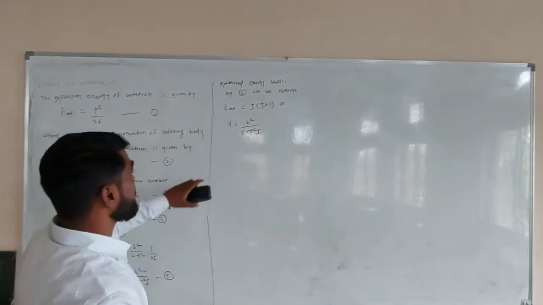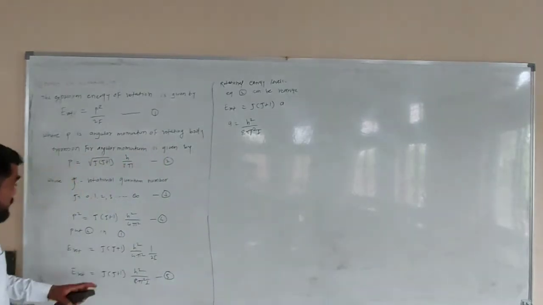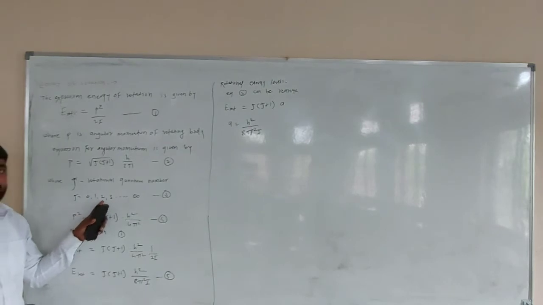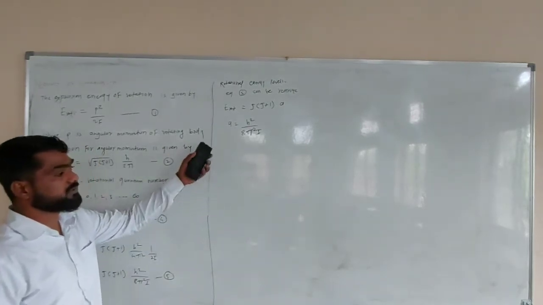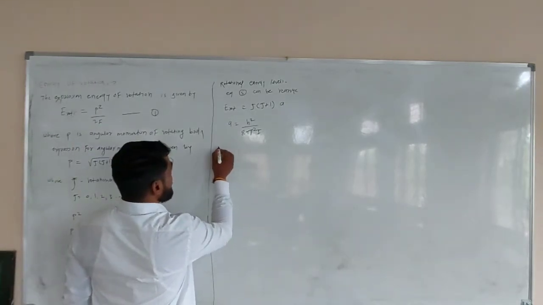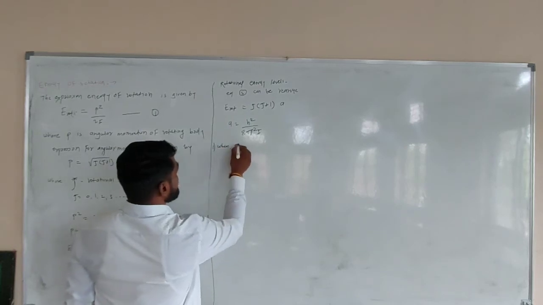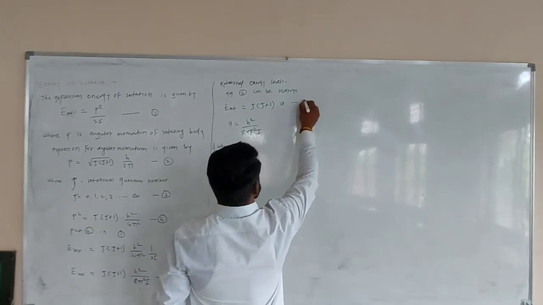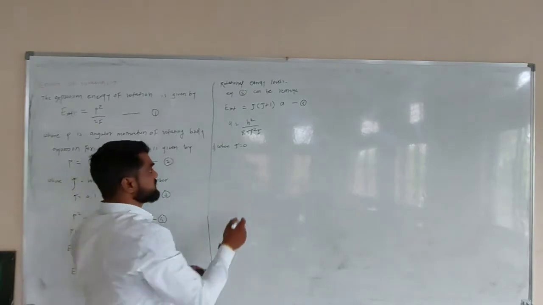Now, to calculate the rotational energy levels, we can put different J values, that is J is equal to 0, 1, 2, 3 up to infinity. We can put the different values and get the different energy levels. First case, when J is equal to 0, put this value in equation number 6.